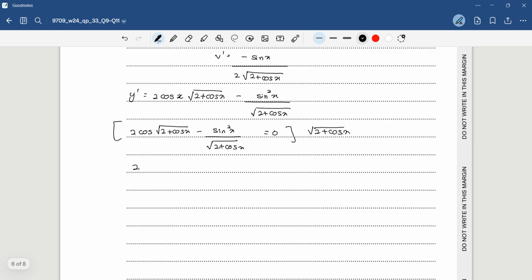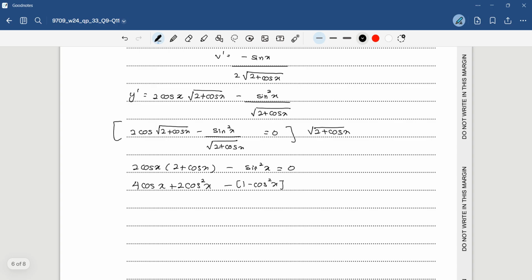So you'll get 2 cos x times (2 plus cos x) minus sin squared x equal to 0. So 2 times 2 will be 4, 4 cos x plus 2 cos squared x minus sin squared x. I change it into cos.